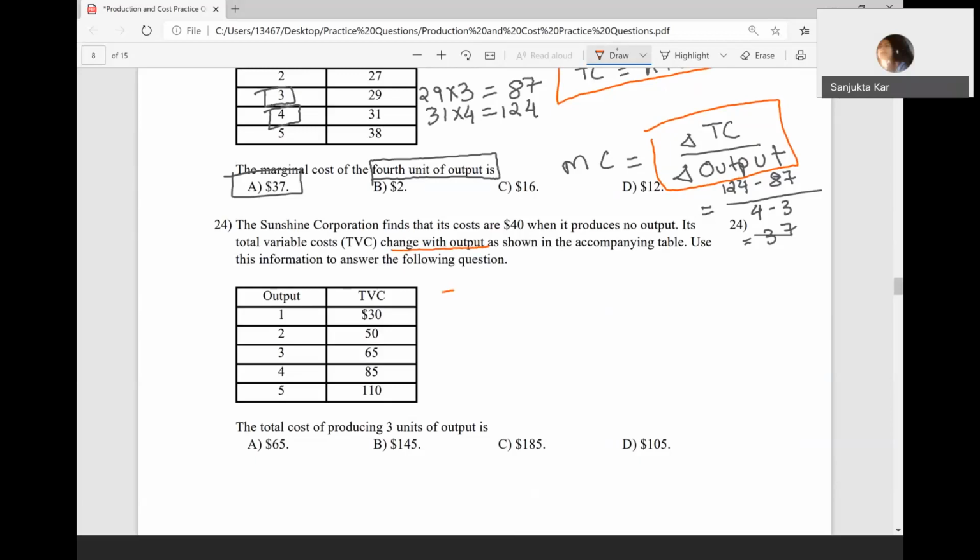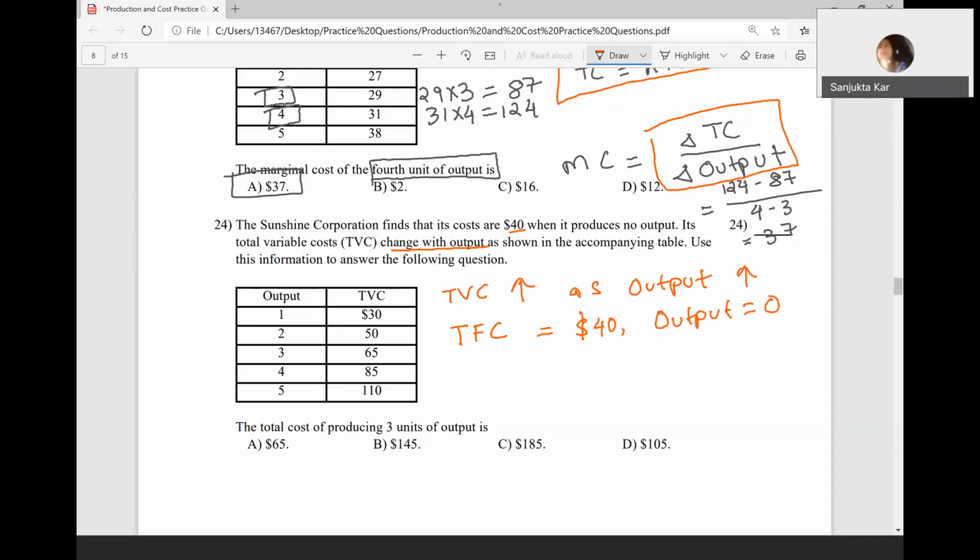As you can see here, the total variable cost of production is increasing as output increases. What is this $40? This is the total fixed cost, which is equal to $40, and you have to incur this total fixed cost even when your output is equal to 0.